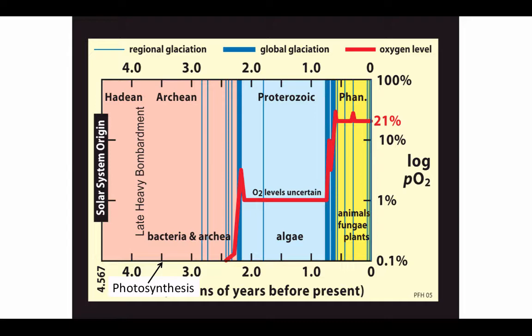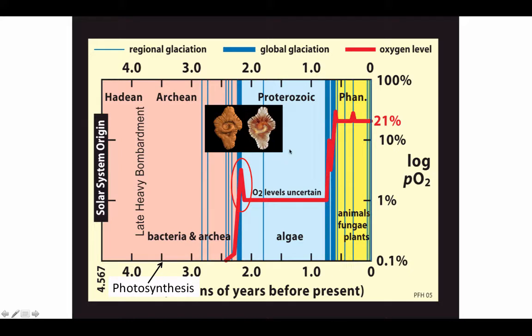We don't start to see real accumulations of oxygen until between 2 and 2.5 billion years ago. But once we do, this is where we start to see the earliest evidence of multicellular organisms. And so this image that you're seeing here is a recreation of that earliest multicellular fossil that we find in the fossil record.